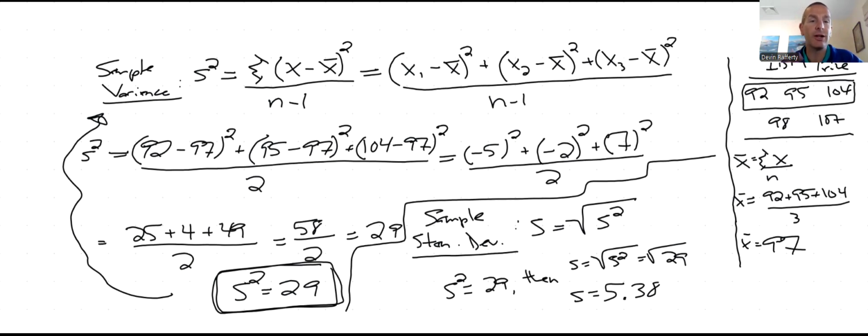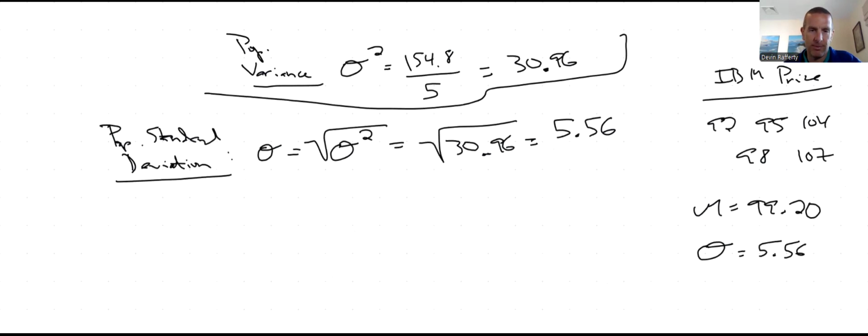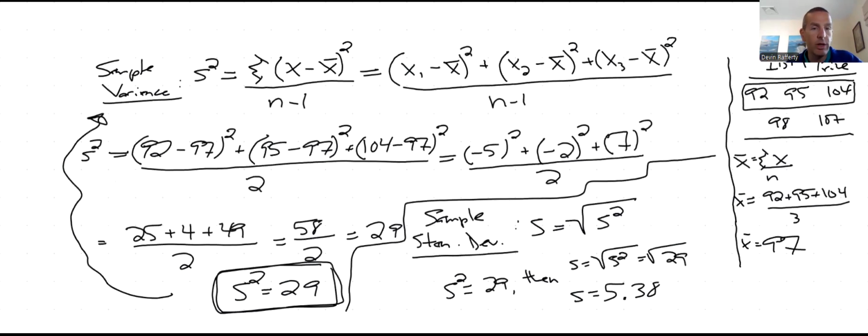Whether we want to consider that close or not is really the topic of the rest of the course. Here we had a sample variance of 29, but our population variance was 30.96. So again, 30.96 versus 29. Is that close? Is it not? That's a topic for the rest of the class.